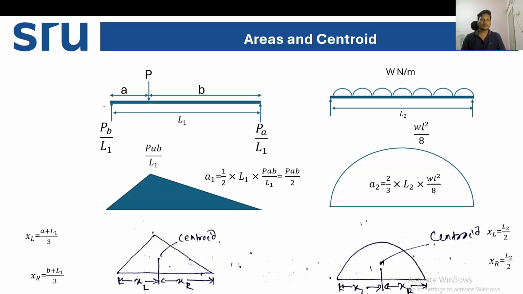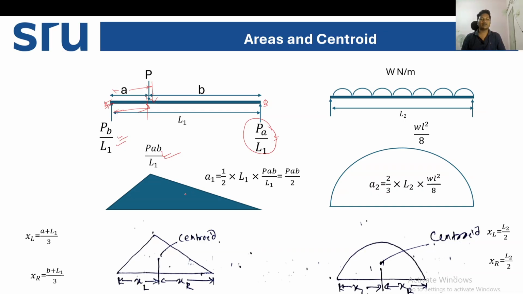Let us refresh which area we are calculating and what the centroid distance is. This is a free body diagram of each span of any continuous beam. Let's say span AB, and the load P is at distance a from support A. You find the support reactions: the reaction at A is Pb by L1, and the reaction at B is Pa by L1. The moment under the point load is Pb by L1 into a, that is Pab by L1.